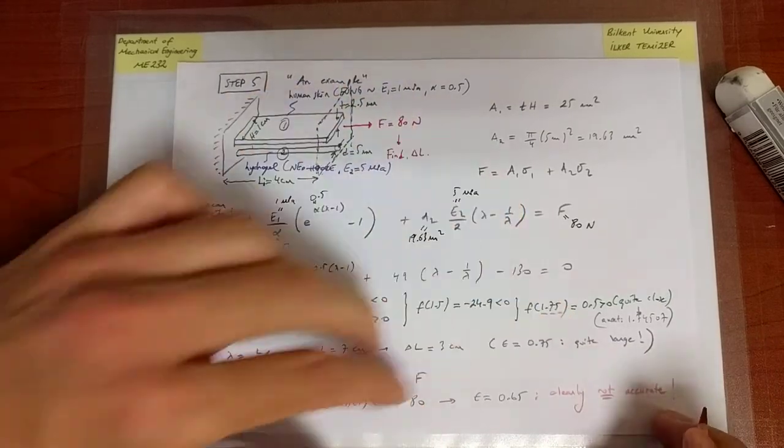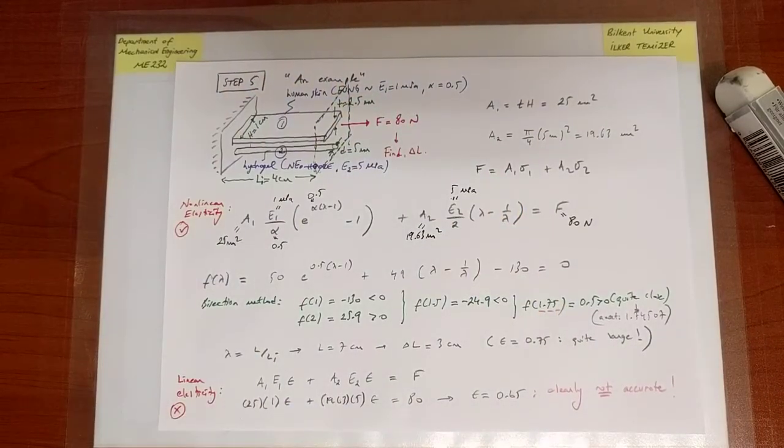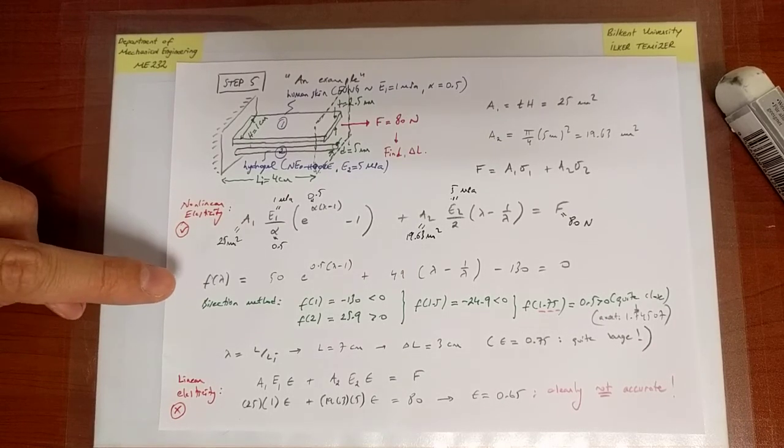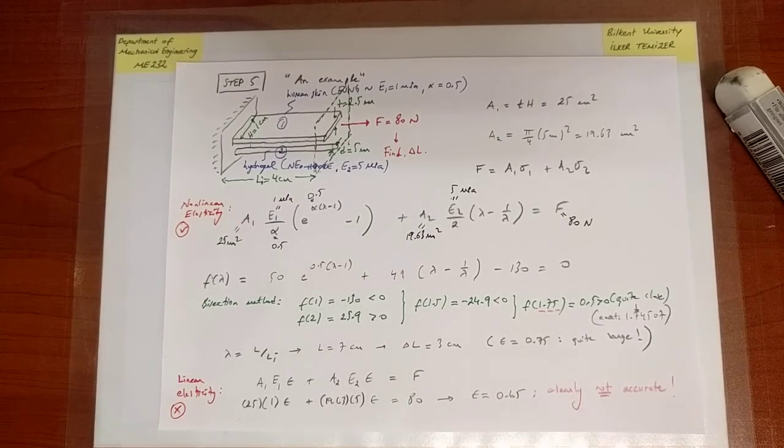And that's why you need to use nonlinear elasticity. So if the deformations are going to turn out to be elastic but large, you have to use a model that is suitable, a nonlinear elasticity model, because otherwise you will not be able to make good predictions in these types of applications.